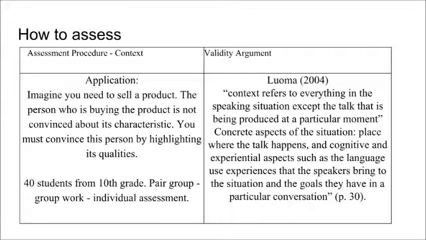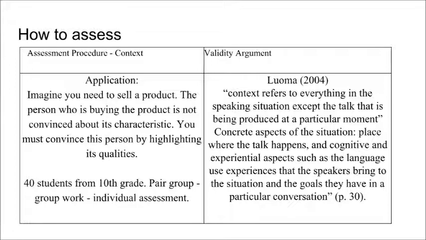Concrete aspects of a situation, for example, the place where the talk happens, the cognitive and experiential aspects are important for this context. In this setting, the place where the talk happens should be a shop in which a person is buying a product from a seller.